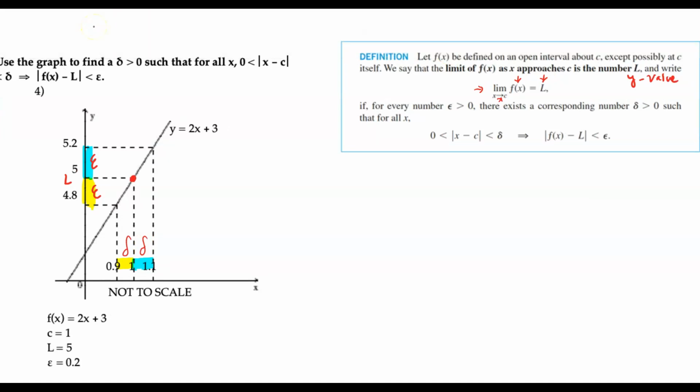So we're going to take a look at this, and we can solve the inequality to find the delta value, but from the graph it's pretty easy to see what it is. They want to know the greatest width that delta can be. And when I say greatest, we really mean the least.